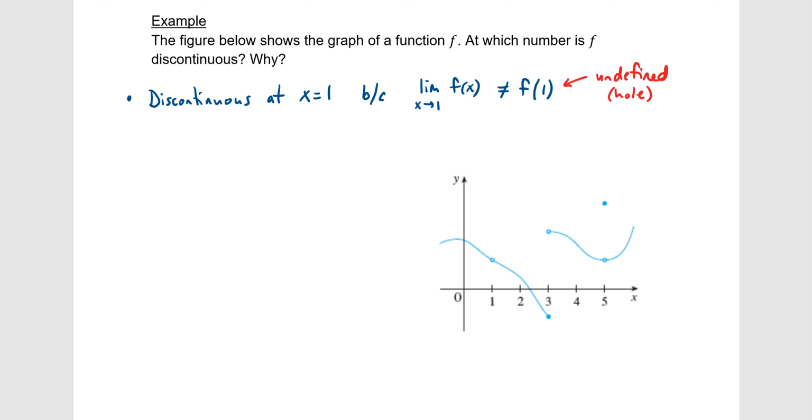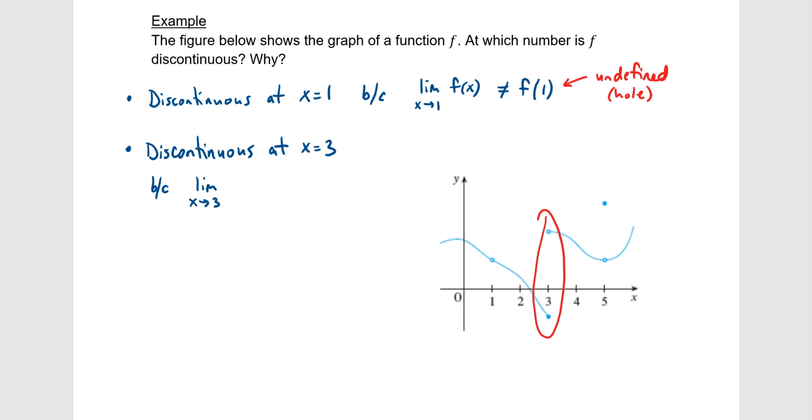Next one, it looks like if we keep skimming and we get to x equals 3, there's a discontinuity. And once again, this is because the limit as x approaches 3 does not equal f of 3.